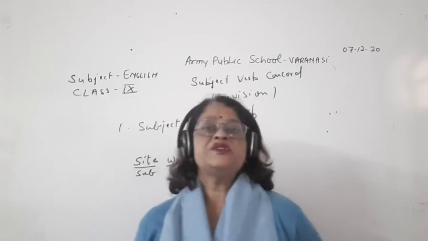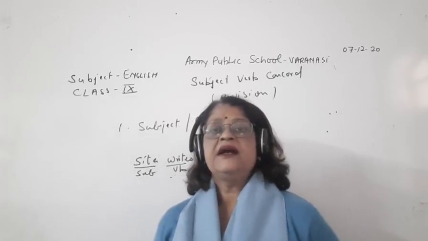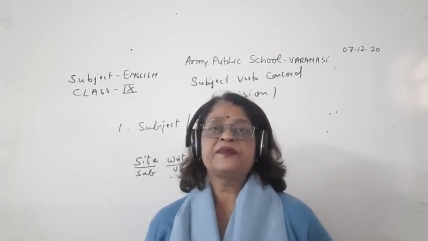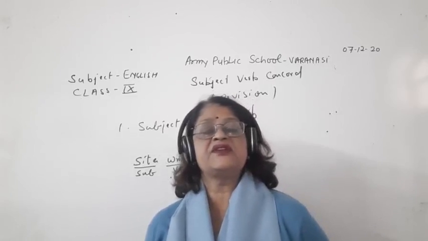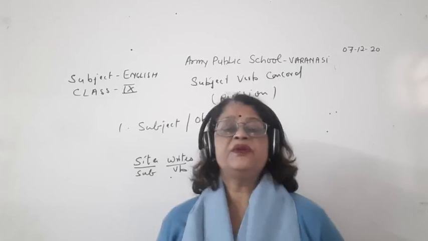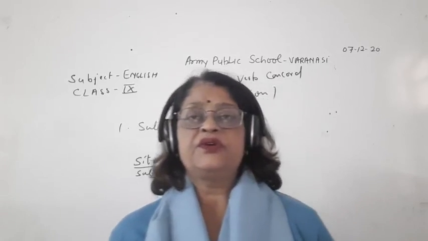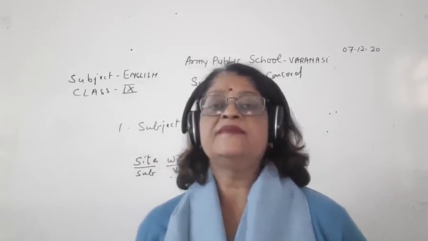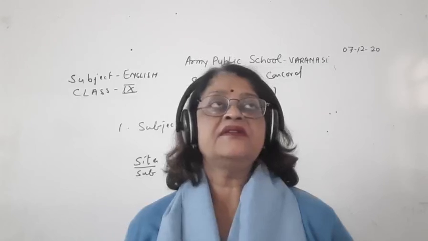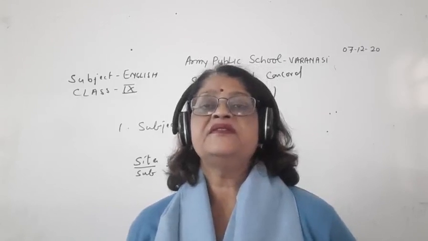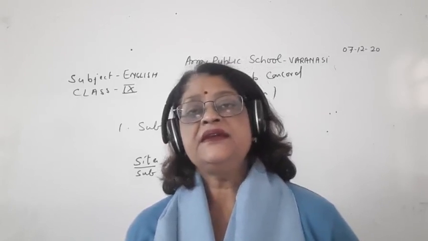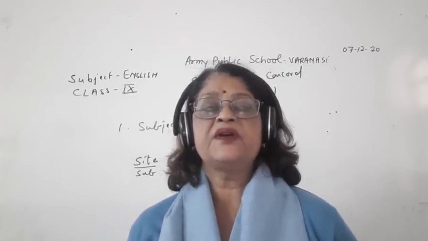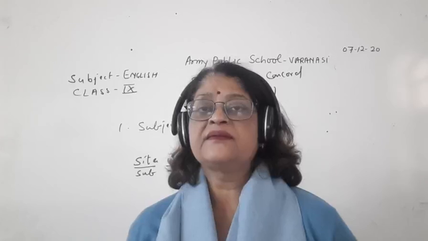Okay. Now in first person singular we have I, and in plural we have we. In second person we have you in singular, and in plural we are using you or your. Then we come to the third person. In third person, what is there? Third person singular is he, she, it, any name or any singular thing.